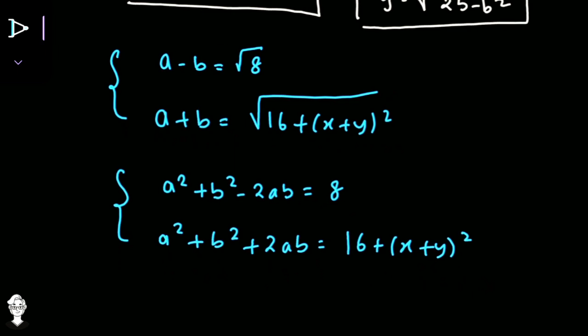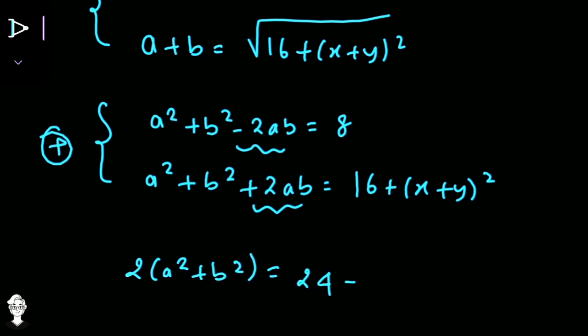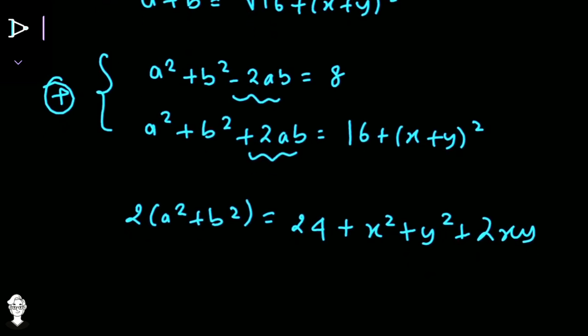Now I will add both these equations together. Adding them, on the LHS the negative 2ab and positive 2ab cancel out, and a square and b square together form 2 times (a square plus b square). And that is equal to 8 plus 16, that is 24, plus the opened form x square plus y square plus 2xy.